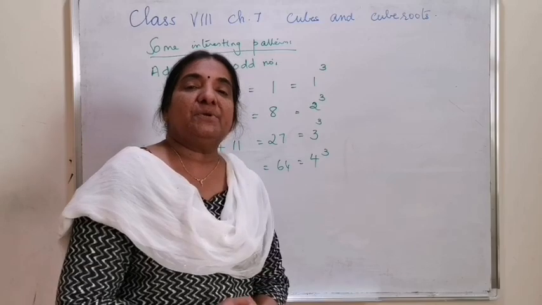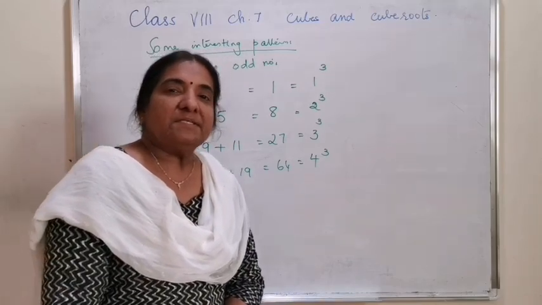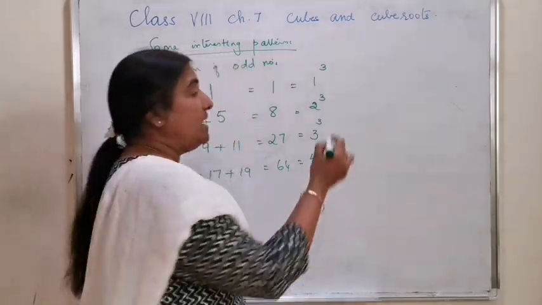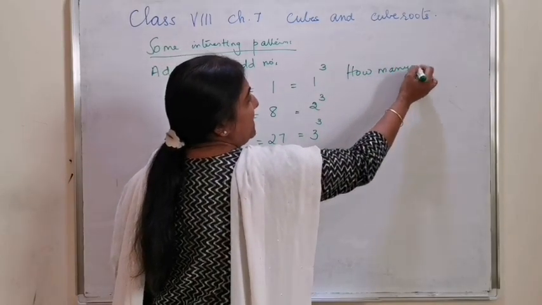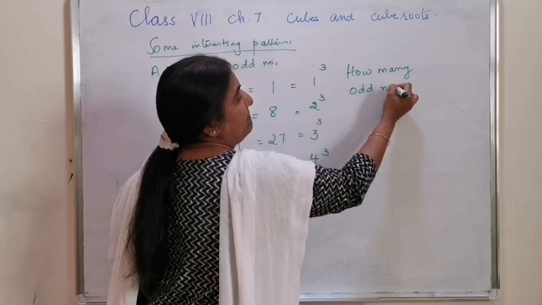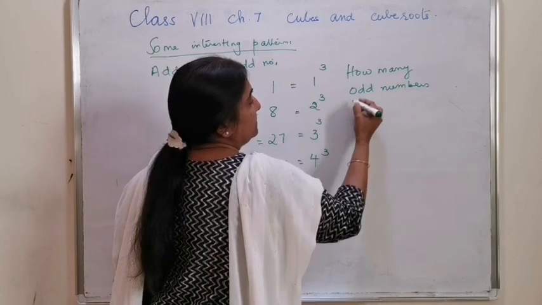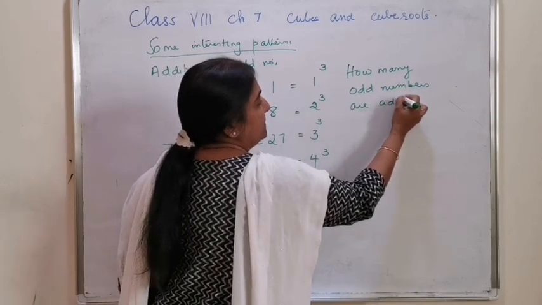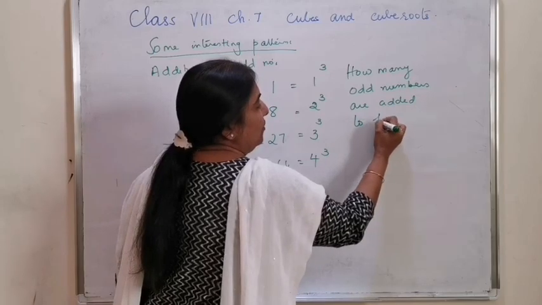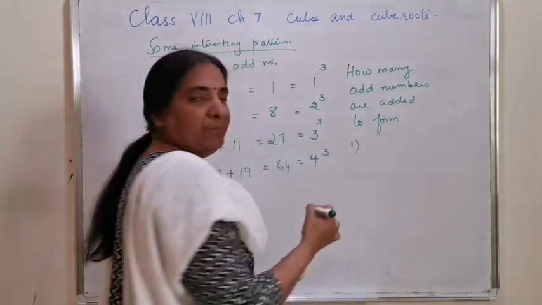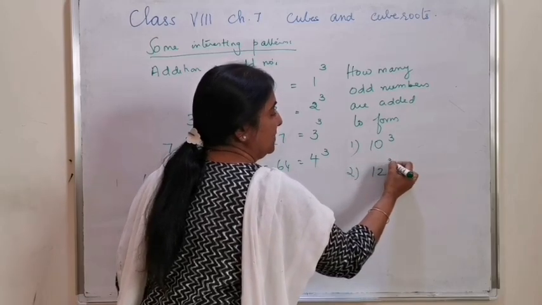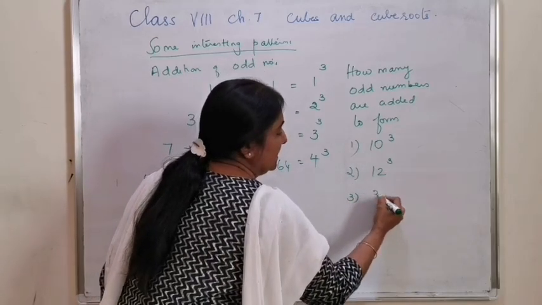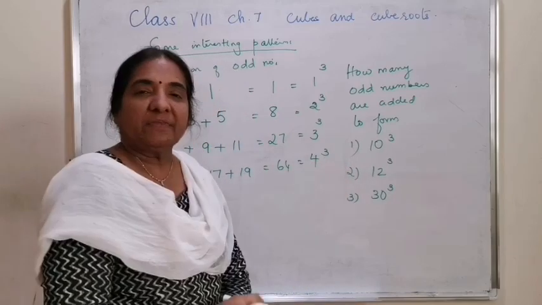So in that case, you can only tell how many odd numbers are added to form 10 cubed, 12 cubed, 30 cubed, and so on.